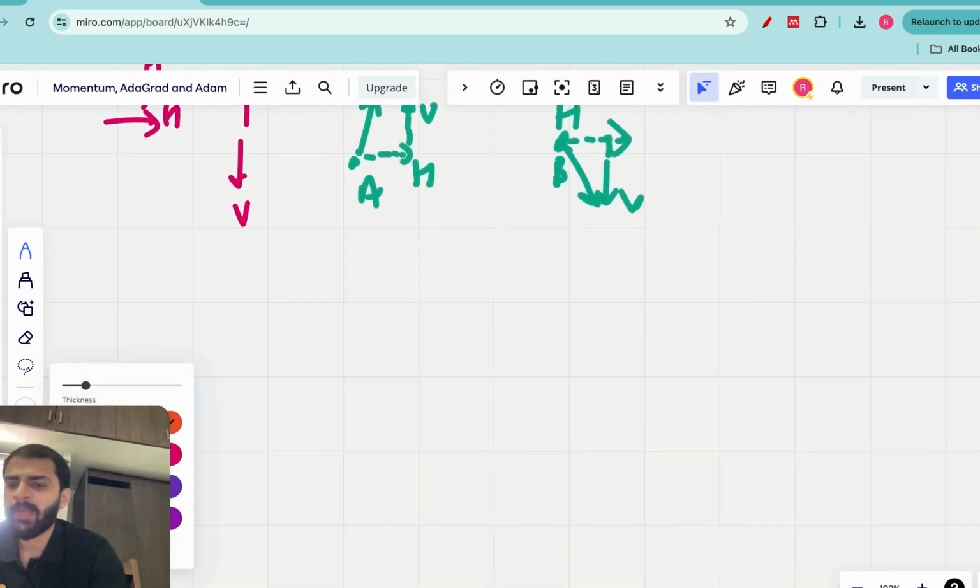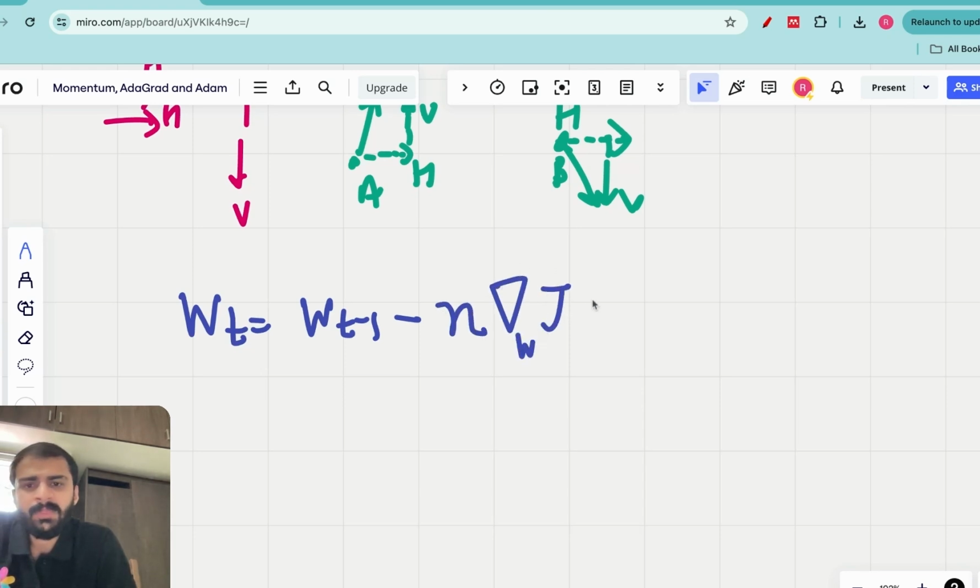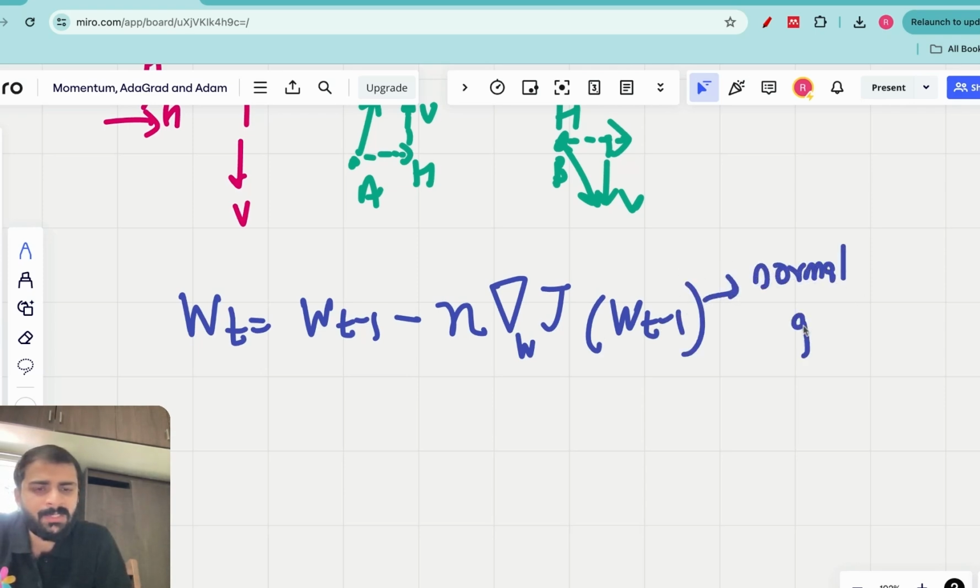For that I will need to write down the update rule for momentum. So in gradient descent, the update rule looks something like this: Wt is equal to Wt minus 1 minus step size times gradient of J with respect to W at Wt minus 1. This is normal gradient descent.